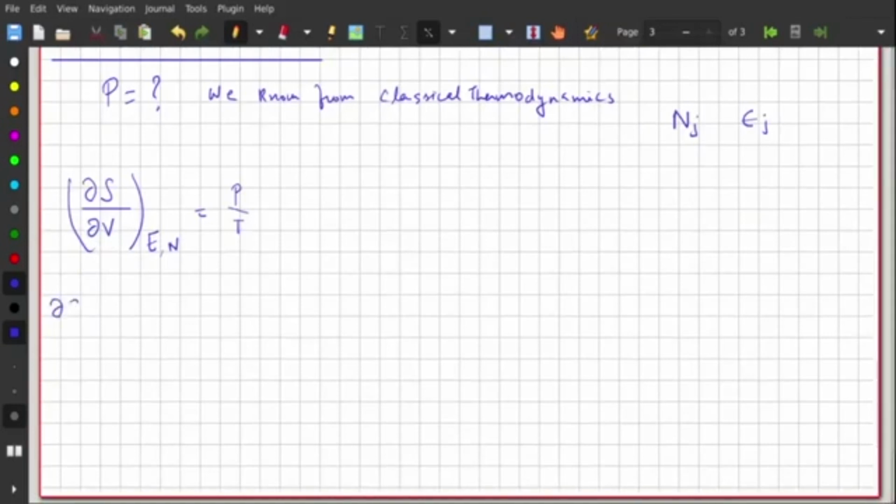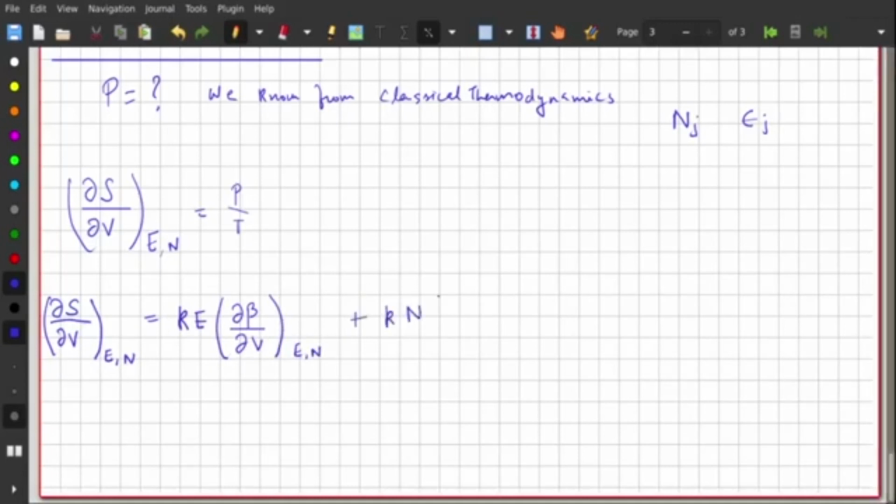So this expression becomes partial S partial V at E, N equal to k times E partial beta partial V at E, N, plus k N partial alpha partial V at E, N, minus k sum over j and j times the bracketed term.